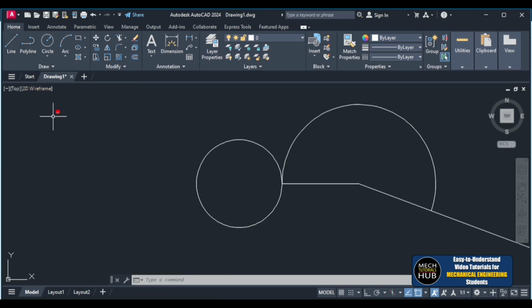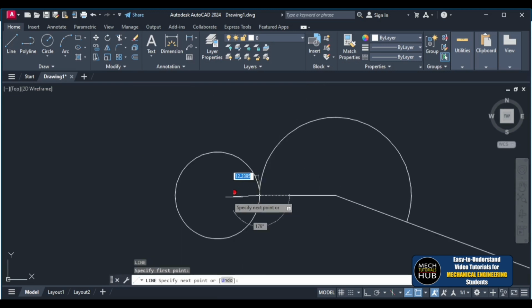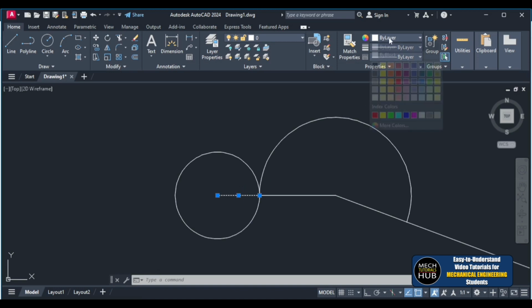For that, I'll take a line again, command L enter, and zoom out. Here, I'll just try to draw. I'll take the cursor onto the circumference of the circle and I'll get the line. Let me change the color of this line to green or blue or any other.